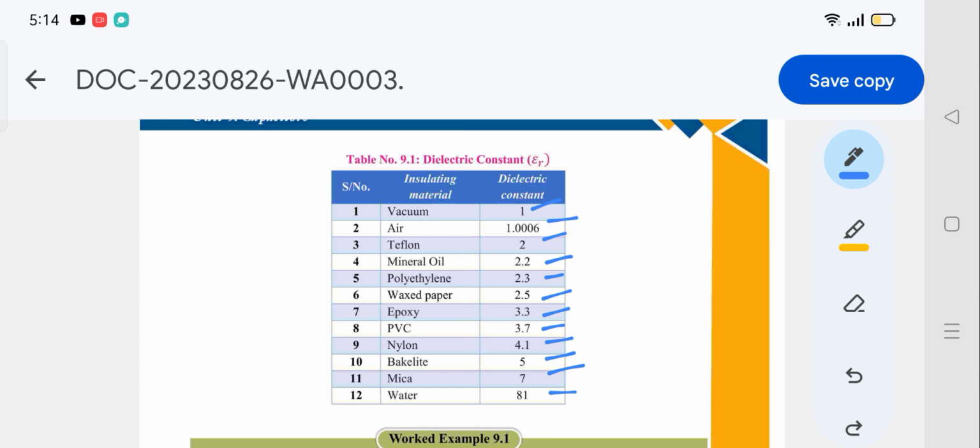Here we also discussed that ER, the relative permittivity or dielectric constant, is never less than 1. The values start from 1 and go onwards, so ER is always greater than or equal to 1, but never less than 1.